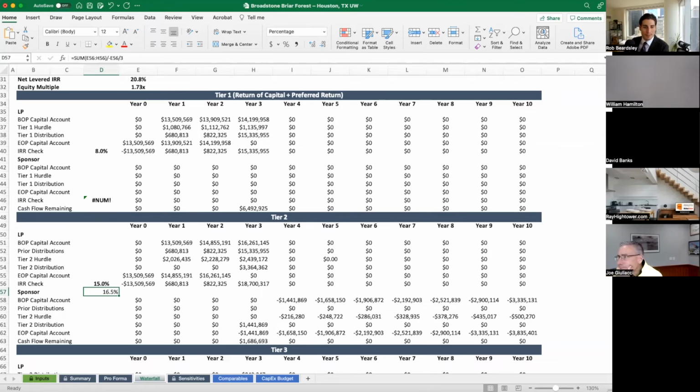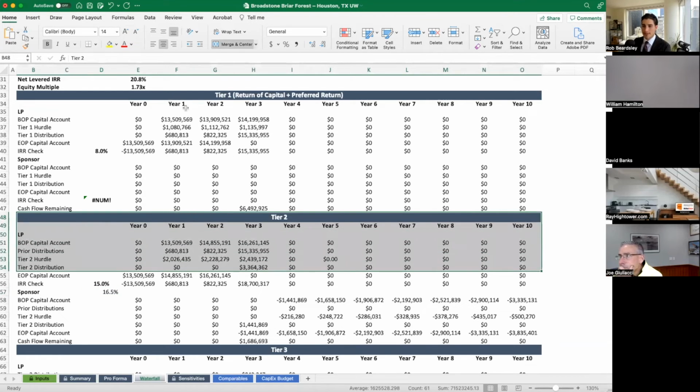Okay, in your modified example, why is the excess over 8% pref treated as a tier 1 capital reduction versus the excess dropping to a tier 2 income distribution? Okay, excellent. The reason for that is because we can't move to tier 2 until we have satisfied tier 1. And the way to satisfy tier 1 is to pay back the original investment.